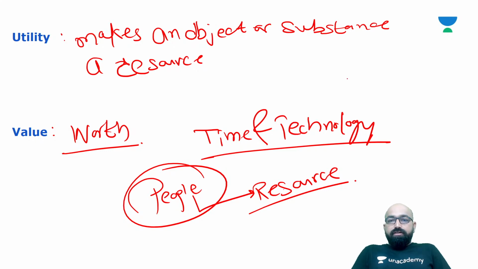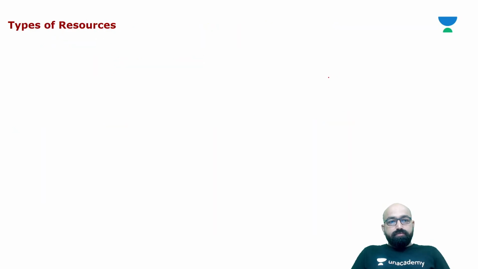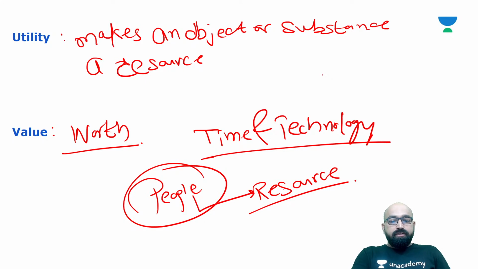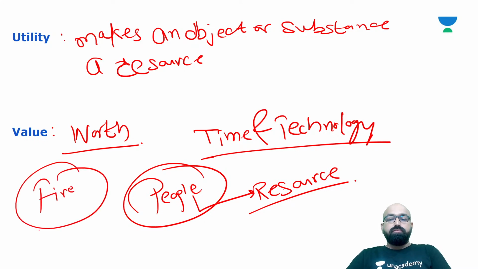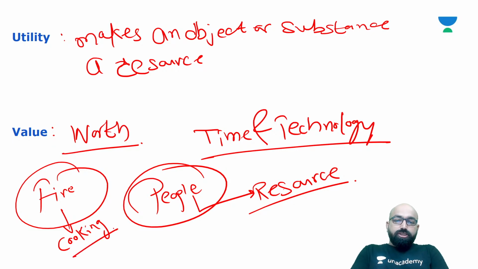So, the discovery of fire led to the practice of cooking and other processes, while the invention of the wheel ultimately resulted in development of newer modes of transport.